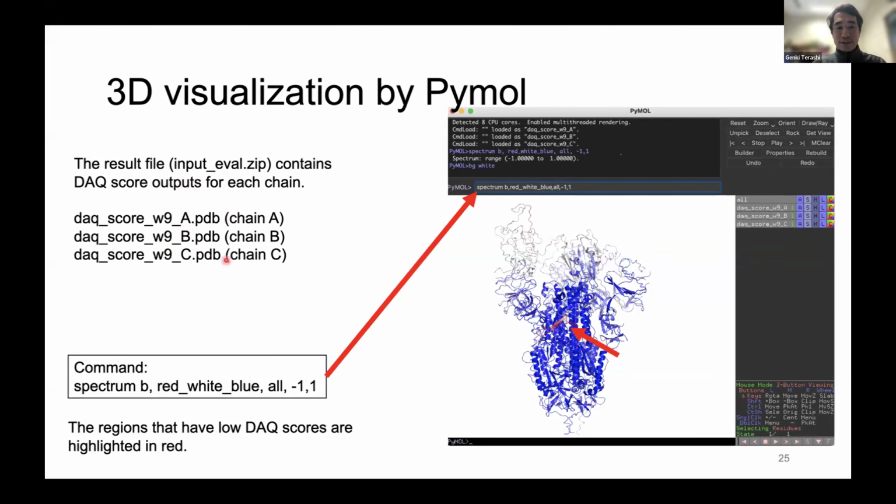So you can open these 3 files. Then please type the command spectrum B, red_white_blue, O, -1, gamma 1. Then the coloring is based on the DAQ score.